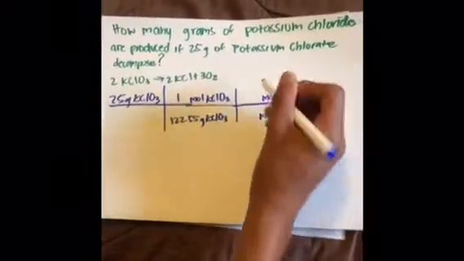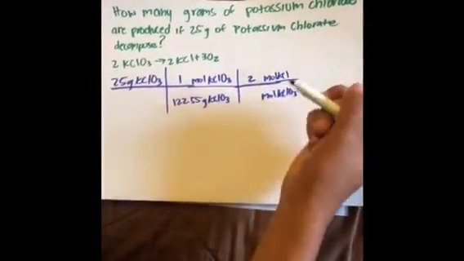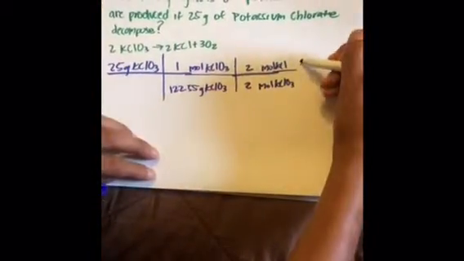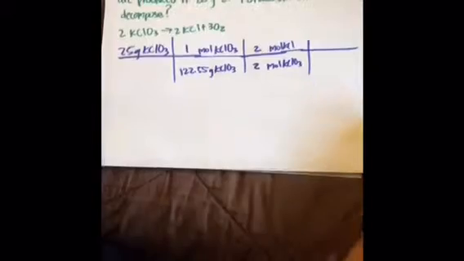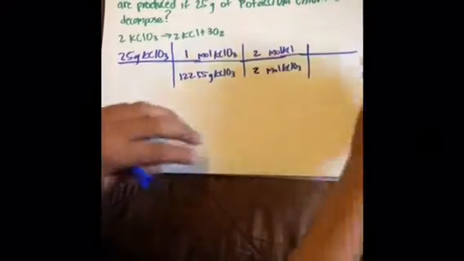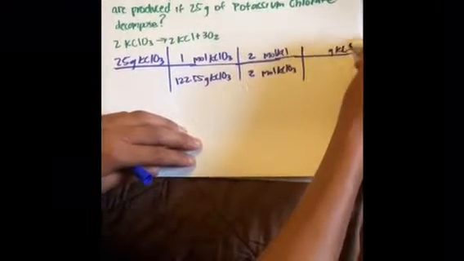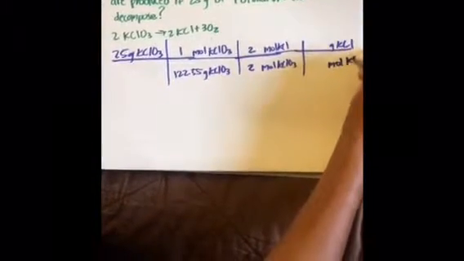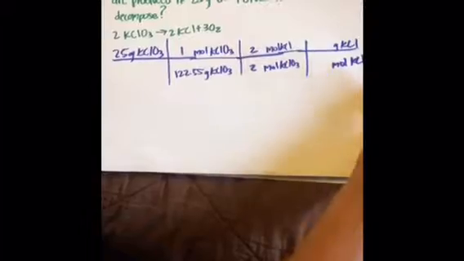So 2 moles of potassium chloride are produced from the 2 moles of potassium chlorate. Next you go from mole of potassium chloride to grams of potassium chloride, and then you put mole of potassium chloride on the bottom because you're trying to cancel that out from before.